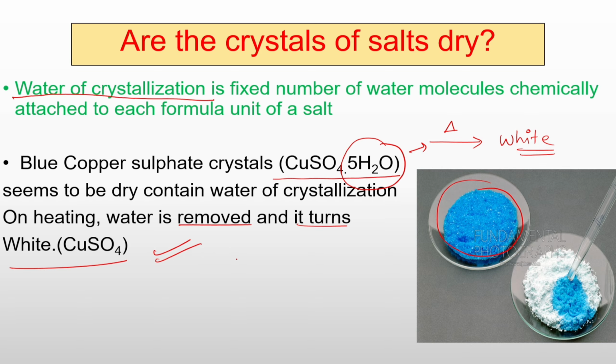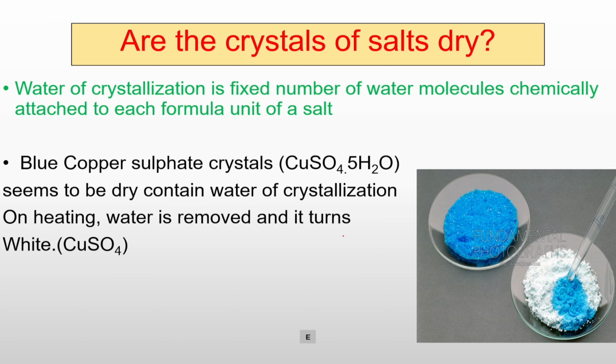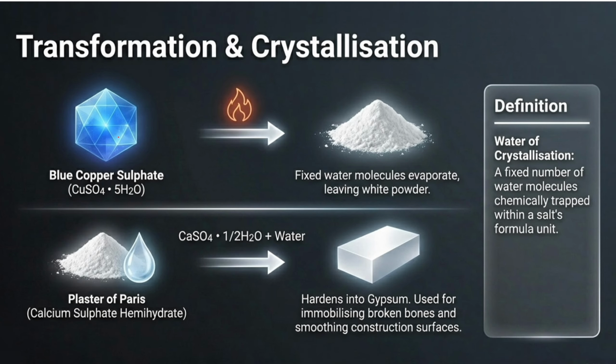When you heat copper sulfate or any other salt which has water of crystallization, it loses the water molecules and the color changes. So copper sulfate goes from blue to white. This is the transformation. Blue copper sulfate crystals, when heated, give a white powdered substance.